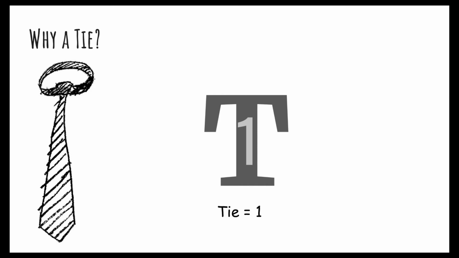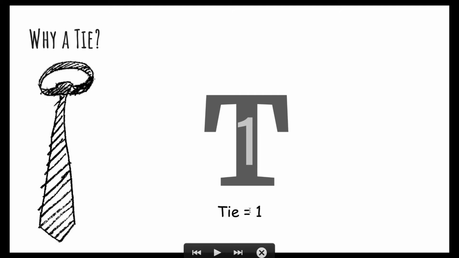Now why do we have a tie in the story? A tie starts with the letter T. And in the major system, the letter T and the letter D represent the number 1 because they have one vertical line in them. Thus, tie starts with the letter T and T represents the number 1.